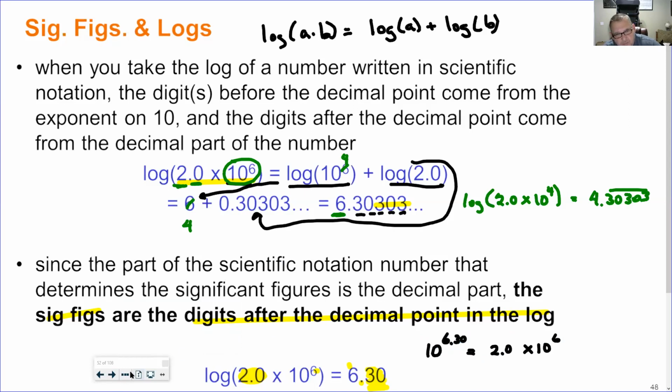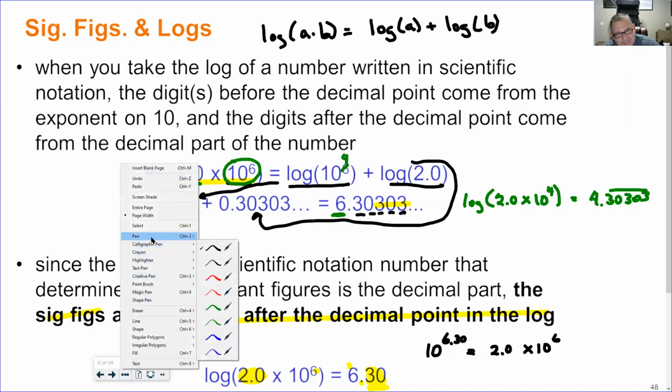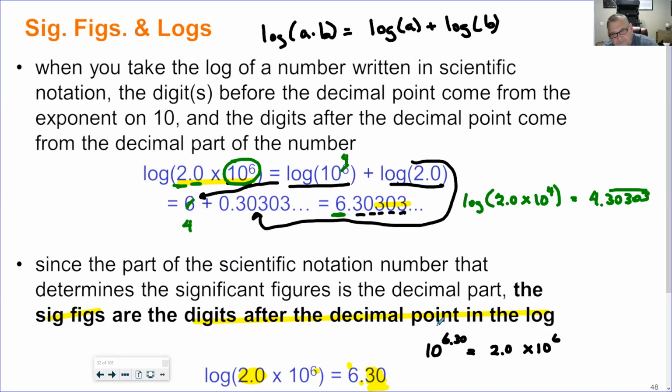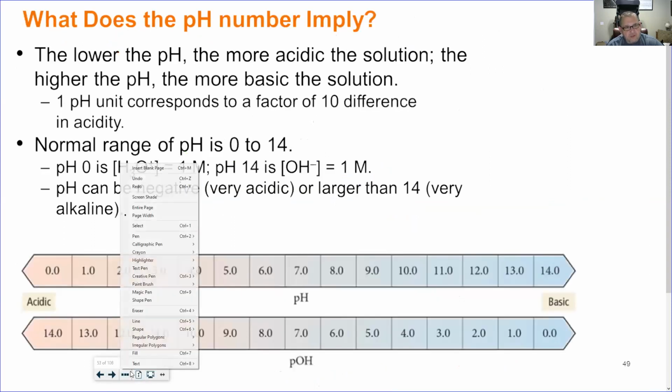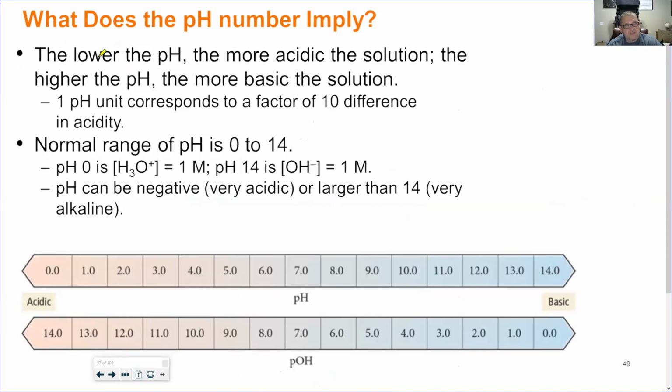There are 2 places past the decimal in the number that I want to take the anti-log of, and that corresponds to 2 significant figures in the number when we've done the calculation. Okay, so that's a quick overview of logs. So let's continue to talk about our topics.